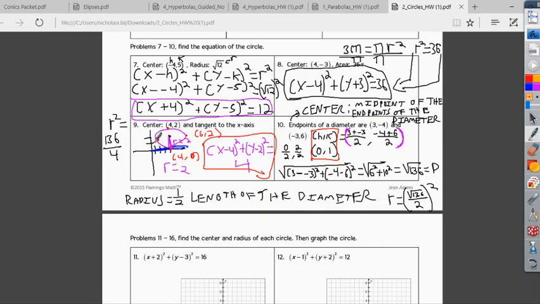Let's see, 68 times 2 is 136, and half of 68 would be 34. So r squared is equal to 34. Now we have our r squared term.